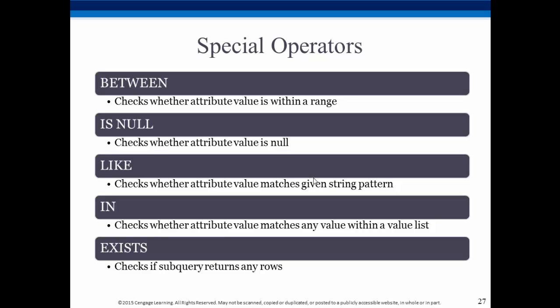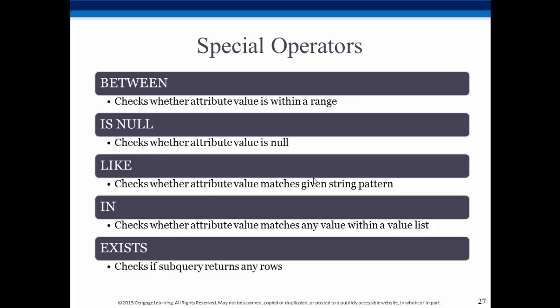For the BETWEEN operator, you can have the SELECT wildcard, which will select all your columns from PRODUCT, where the price is between 50 and 100. So it would catch everything between 50 and 100. If it doesn't support BETWEEN, you can use price greater than 50 and price less than 100.